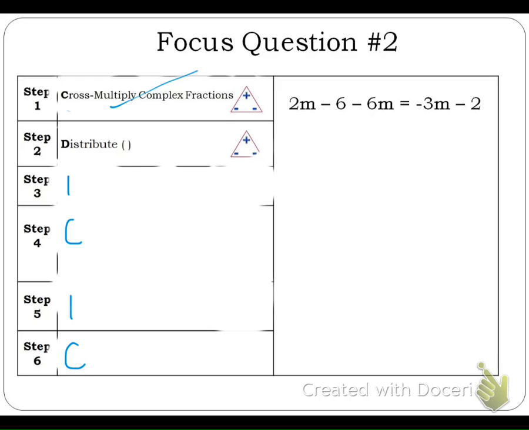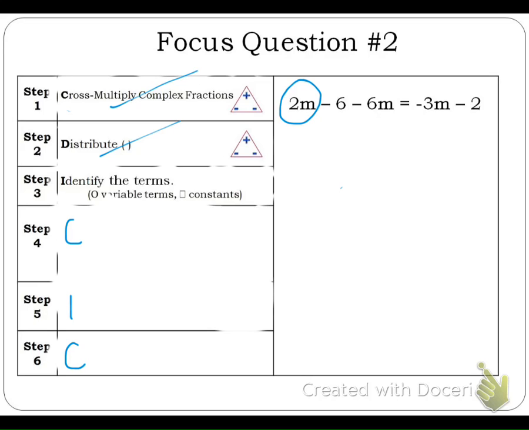Distribute, if you have parentheses. Do we need to distribute in this problem? Nope. What does the I stand for? C, D, I. Identify. So let's go ahead and do that. This is the step we don't skip.